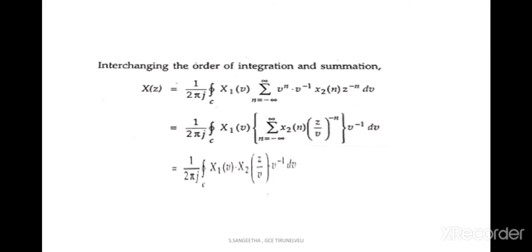Interchanging the order of integration and summation, we get the answer as (1 by 2 pi j) integration of X1(v) X2(z by v) v to the power minus 1 dv.